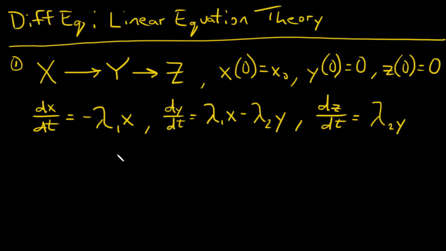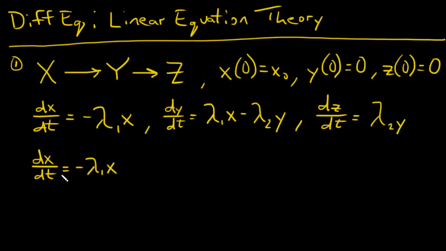It wants generalized solutions for x of t, y of t, etc. So let's see if we can figure those out. We're going to start by figuring out what x of t is equal to. So we have dx/dt is equal to negative lambda 1 x.